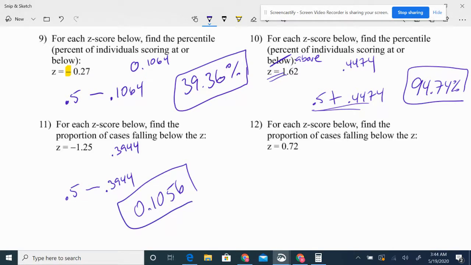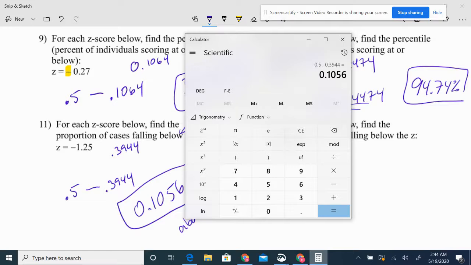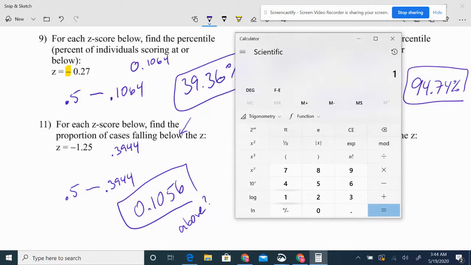And once again, because it says below the c-score, I stop there. If by any chance it says above, so let's say I ask you how much is above, I would have said 1 minus 0.1056, which is 0.8944.